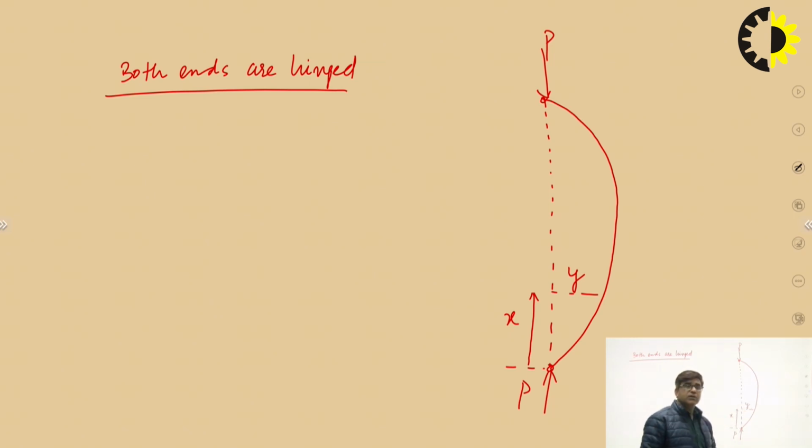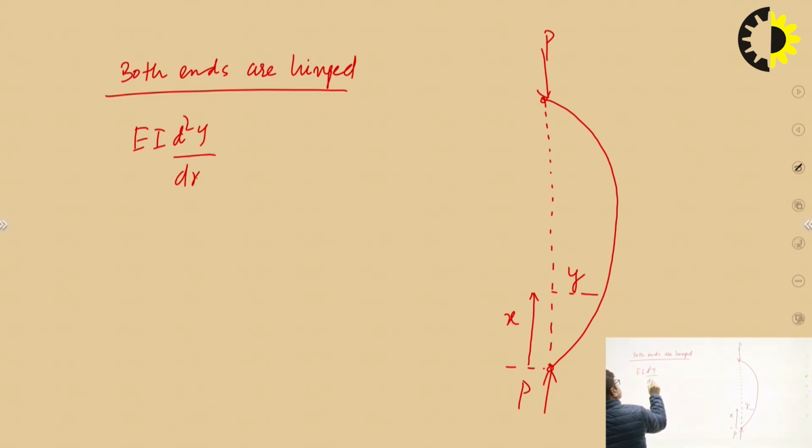And what is the bending moment at this position? We'll see. So writing the differential equation of bending, that is EI d2y upon dx square equal to M, where M is the bending moment.